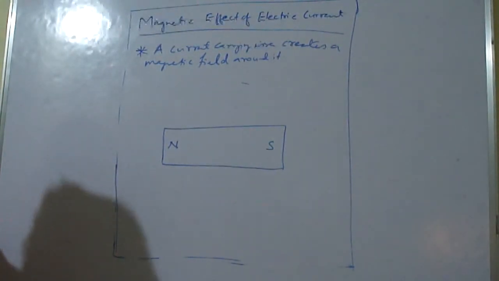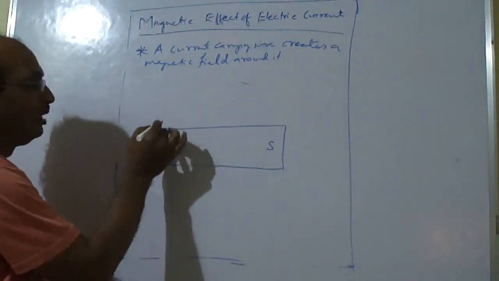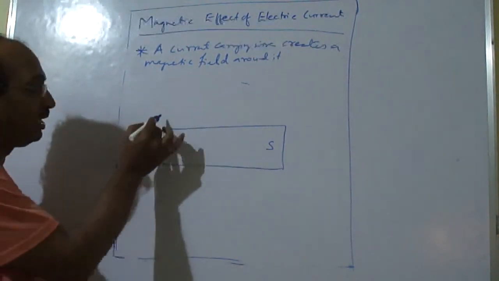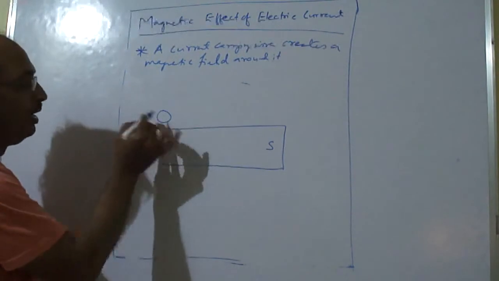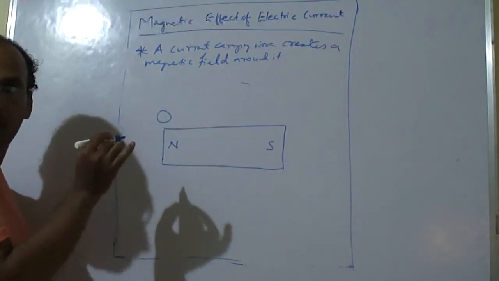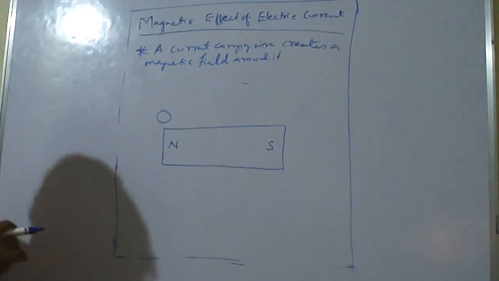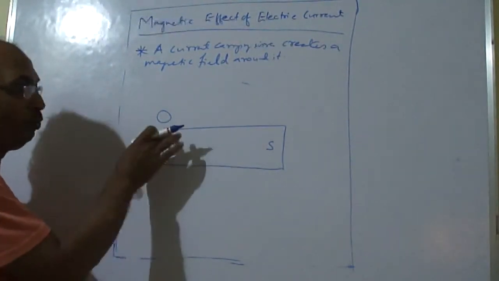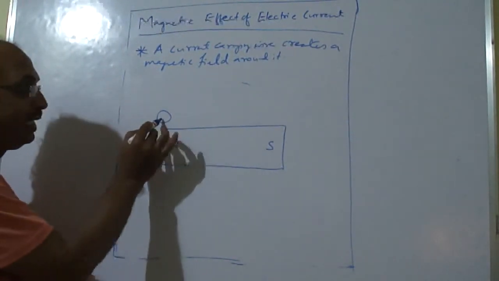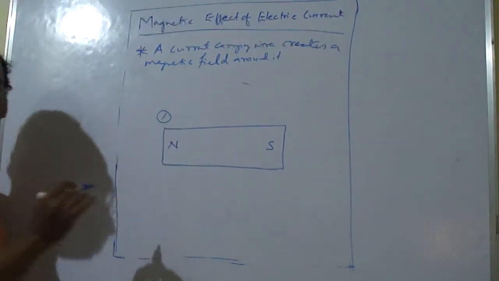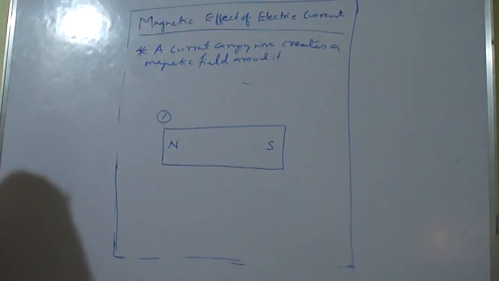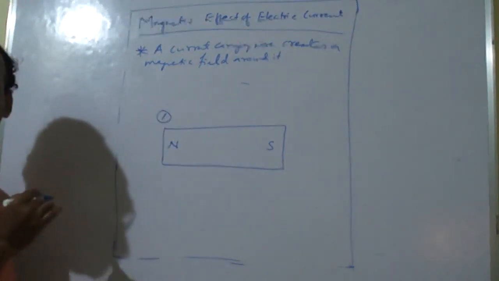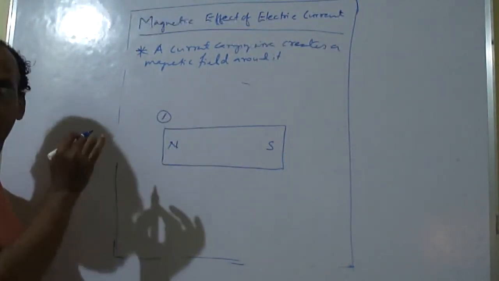Another way is to bring the compass needle in front of the north pole. Any pole, north or south, when you bring the compass needle, due to its presence it will deflect and align itself to the north and south direction. So it has aligned.